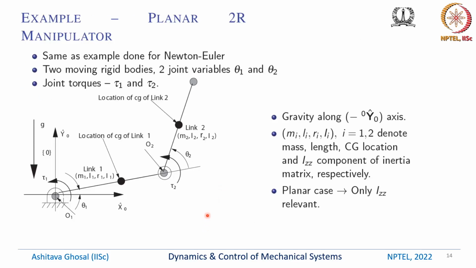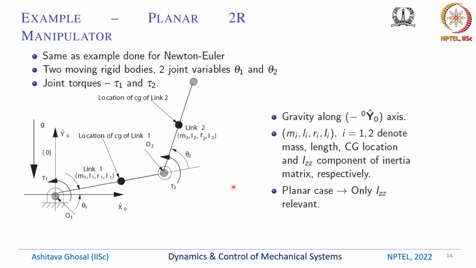Let's now look at an example. We want to derive the equations of motion of a planar 2R manipulator. We have done this earlier. We looked at this system, two rigid bodies connected by two rotary joints. A long time back we obtained the equations using Euler's equation and Newton's law.